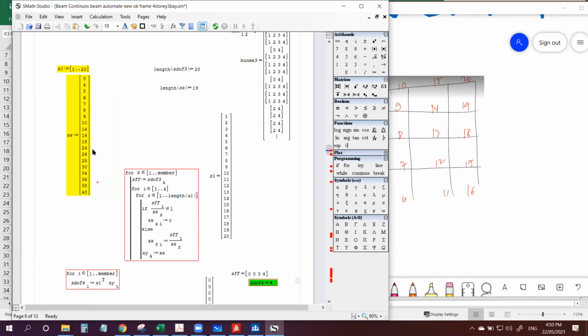Something is missing here. 14, 16, 18, 20. Ah, okay.